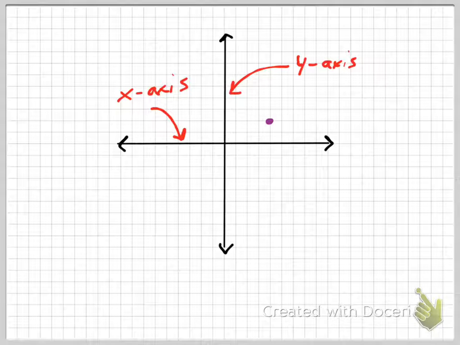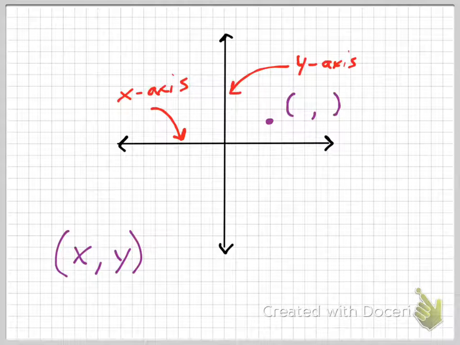Using the coordinate plane, you can tell somebody exactly where that point is. Here's how you do it. You use what is called an ordered pair. It goes X and then Y, inside of parentheses, separated by a comma.